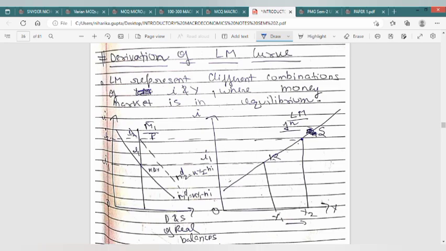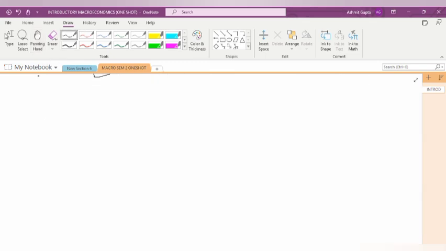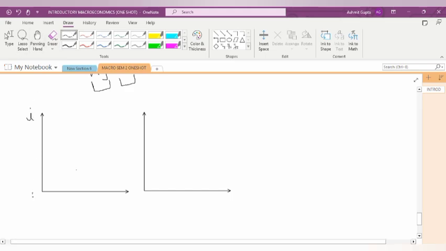So now, deriving the LM curve, we take the interest rate space and demand and supply of real money balances. We have the money supply as given, M upon P bar. We have the demand for money downward sloping, KY1 minus HI1.